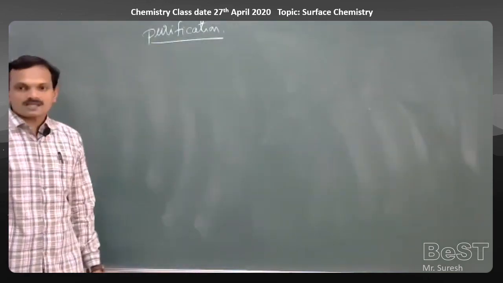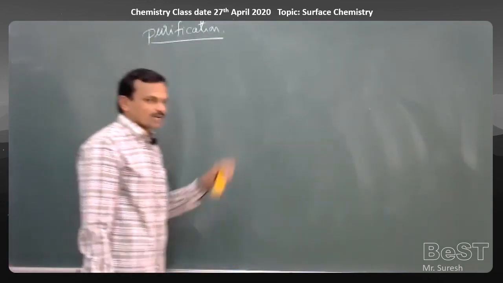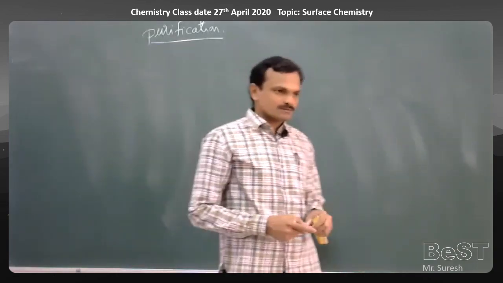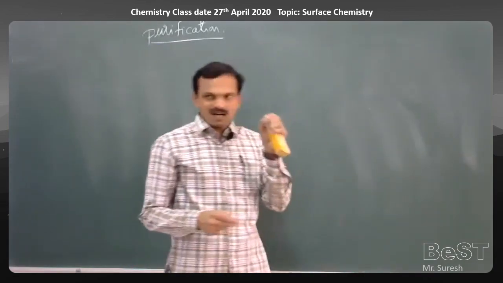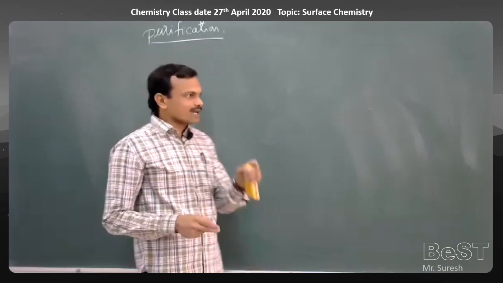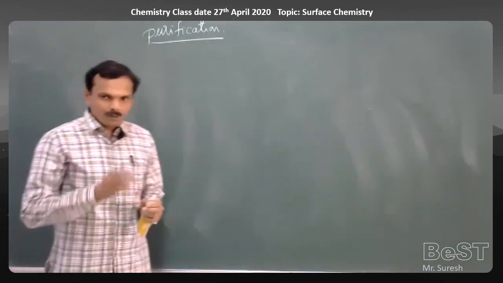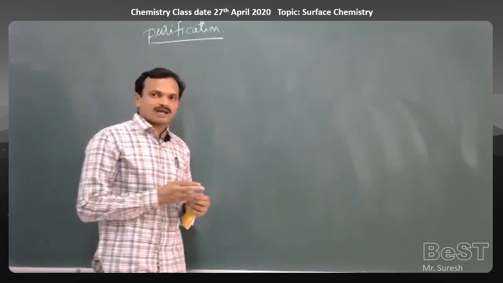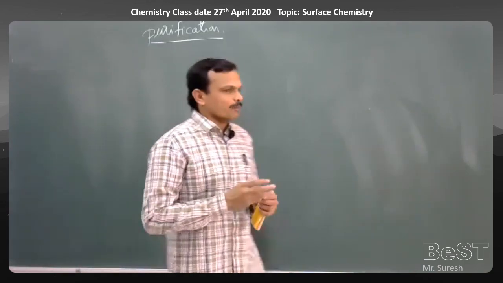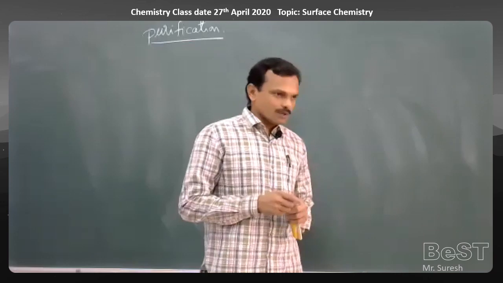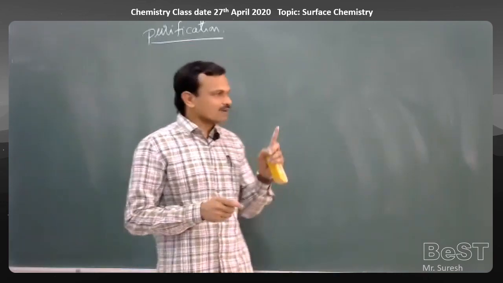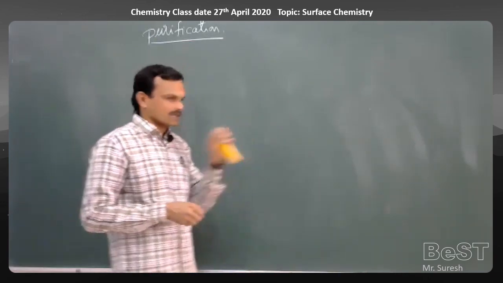The impurities present in the colloidal solutions are nothing but electrolyte particles. See, the presence of a small amount of electrolyte can keep the colloidal solution stable, whereas the presence of the same electrolyte in large quantities makes the colloidal solution unstable. So for the stability of colloids, we require some electrolyte particles.